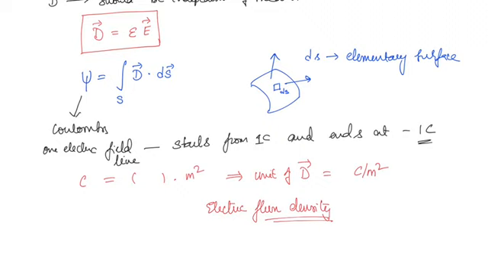Another commonly used name for the same d vector is electric displacement. Both of them mean one and the same, which is nothing but d bar.